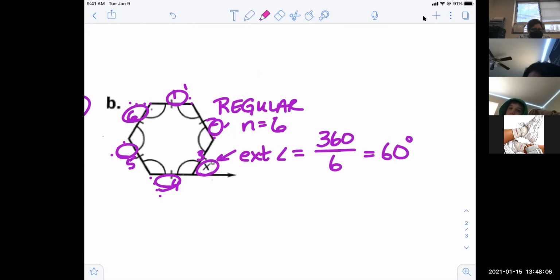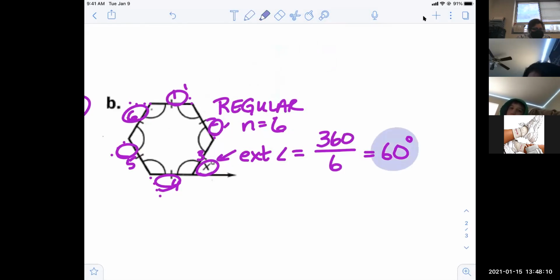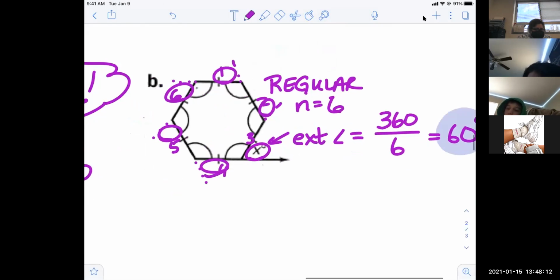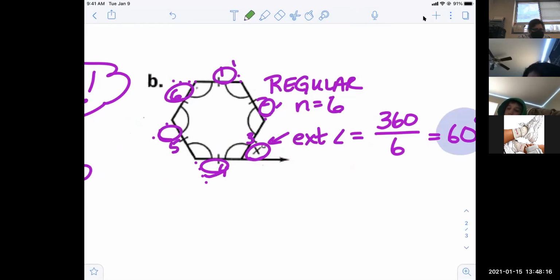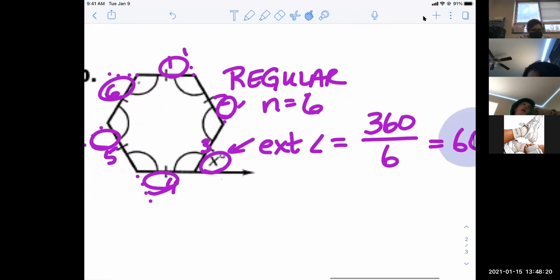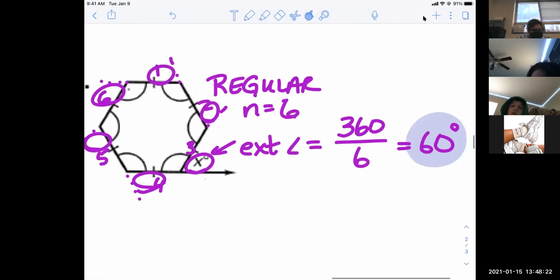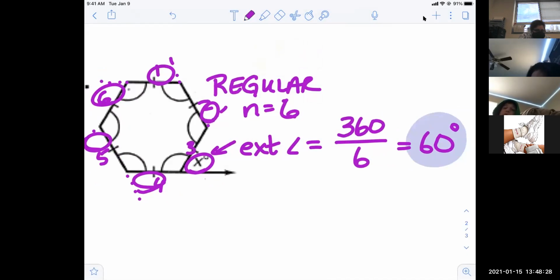Now, it's true that if you looked at all these interior angles in here, they would have to be how much? They add up to 720. What is the measure of each of them? Yes, and you can also just say if this one's 60 degrees, it has to be 120, right?